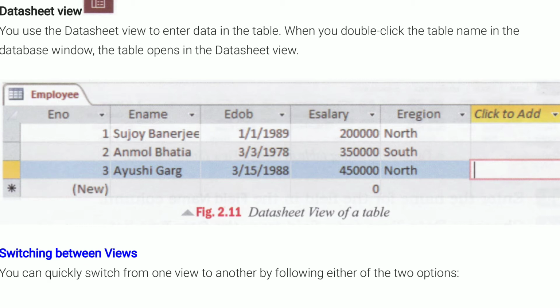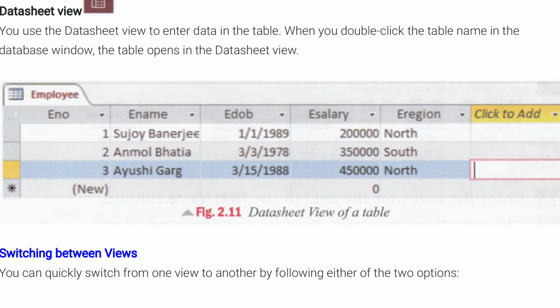We are also free to add new fields by clicking on the field headers and defining the name of the field. This is the biggest advantage of the datasheet. It allows us to build a table simultaneously as we insert new information.